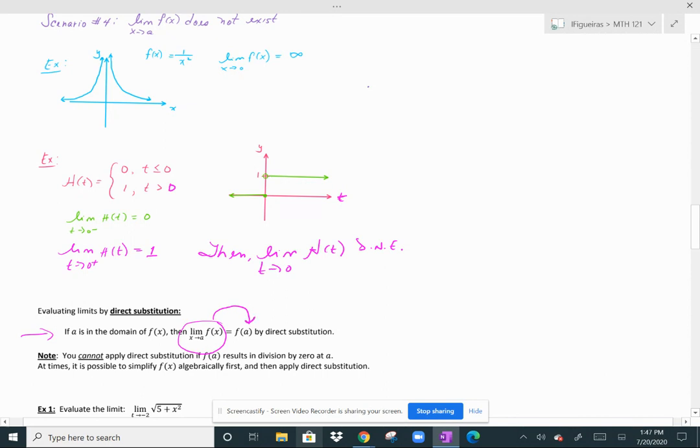So instead of using that numerical technique where you're plugging in a lot of numbers to the left and right of a into your function to estimate the value of the limit, this replaces that. It's really just plugging in the value of a directly into your function, and that only works if a is in the domain. So if it's undefined at a, you will not be able to do that.